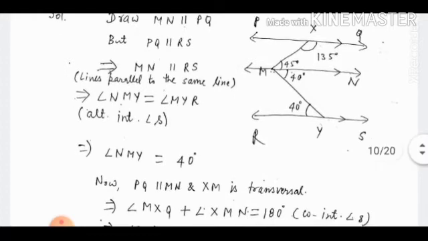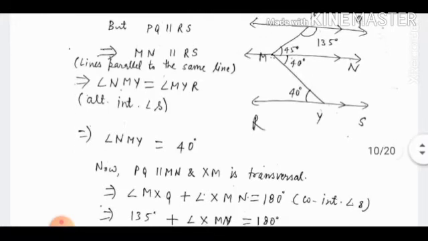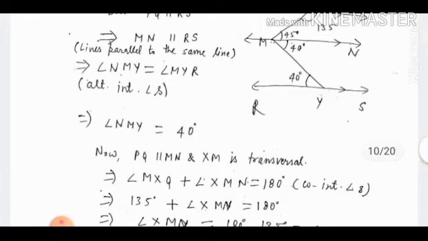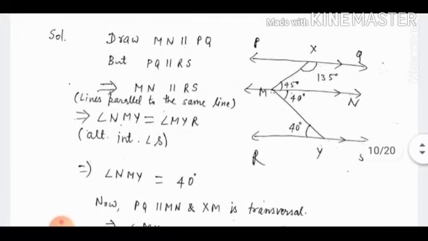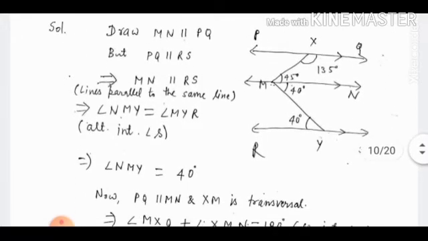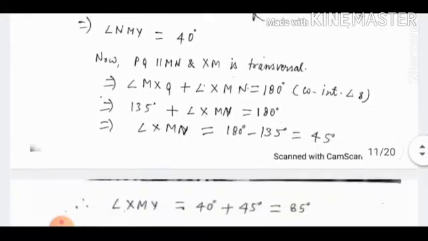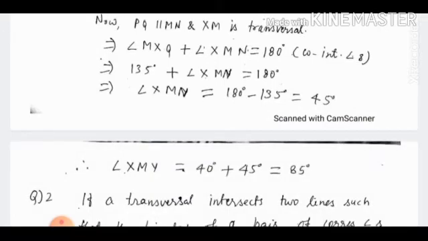This implies that angle MXQ plus angle XMN is equal to 180 degrees because they are co-interior angles for lines PQ and MN. This implies that angle XMN is equal to 45 degrees. Now we have to find angle XMY, so we can add angle XMN and angle NMY. So XMY is equal to 40 degrees plus 45 degrees. This is 85 degrees.